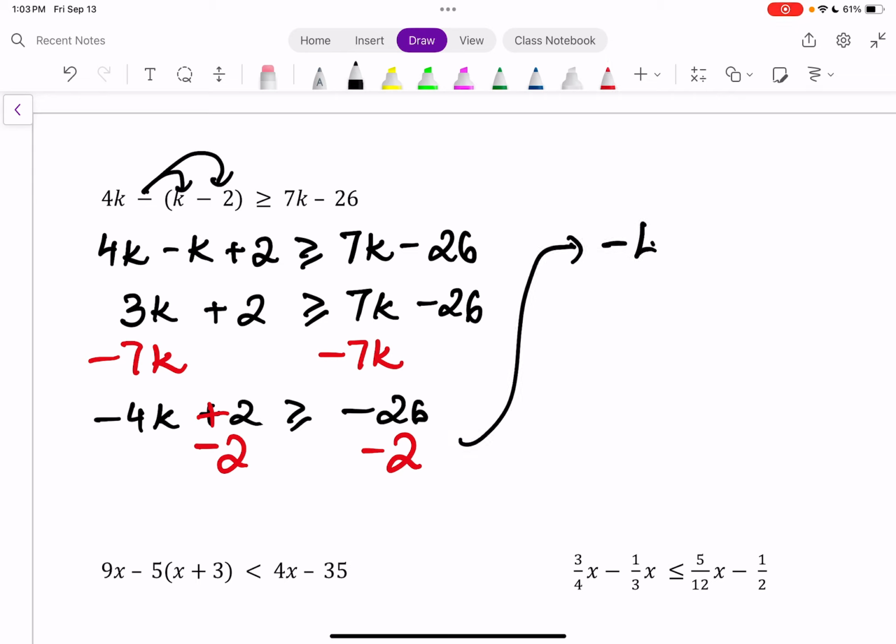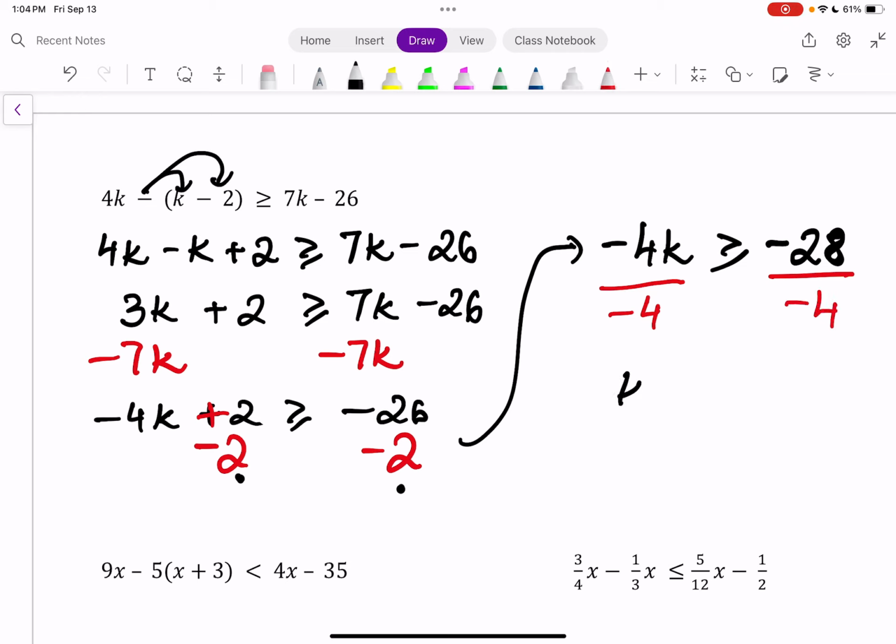So again, we reverse the inequality symbol when we divide or multiply by a negative number. Now, when we subtract something from both sides, I'm getting negative 4k is greater than or equal to negative 28. And there it comes. I have to divide both sides by a negative number.